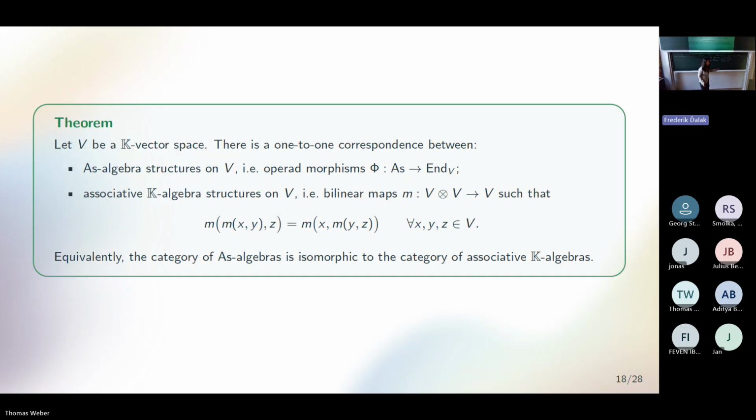If we consider this equality in the case n equals 2, here we have this equality, and by definition phi_2^W of mu_2 is m_W, the associative multiplication in W, composed with f tensor 2, and it exactly says that f is a morphism of associative algebras.